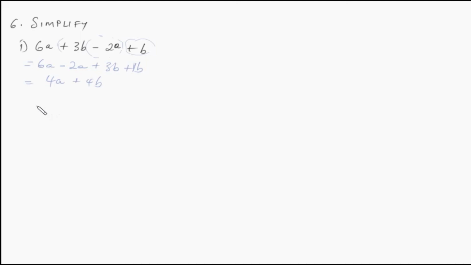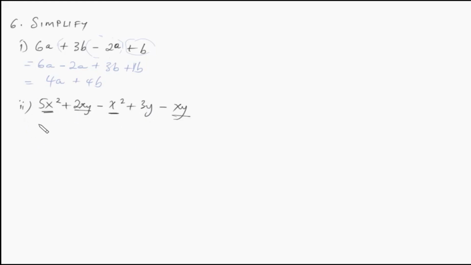Now, let's look at this one. 5x squared plus 2xy minus x squared plus 3y minus xy. All right? What do you do here? X squareds are this, and then xy's are this. So the y's, we have only one term.